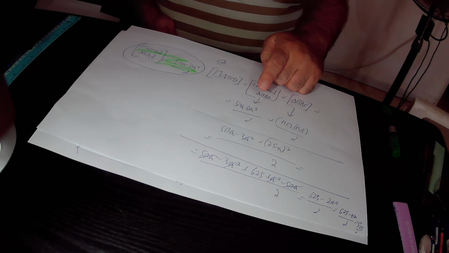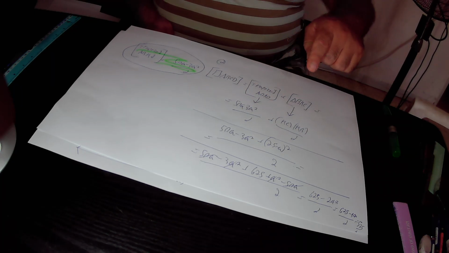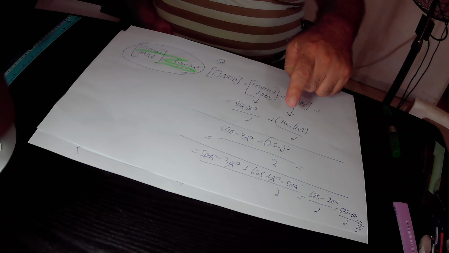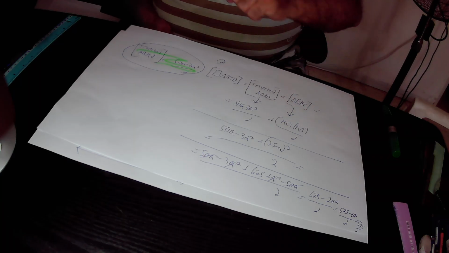So the area of quadrilateral ABCD in total equals 58 minus 3A squared. KC is 25 minus A, BK is also 25 minus A, so it is (25 minus A) squared divided by 2.